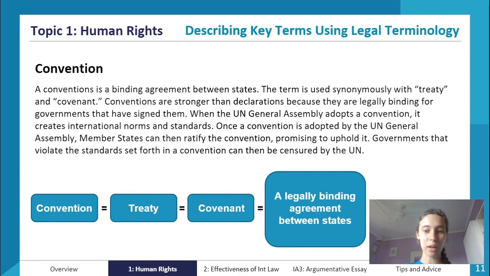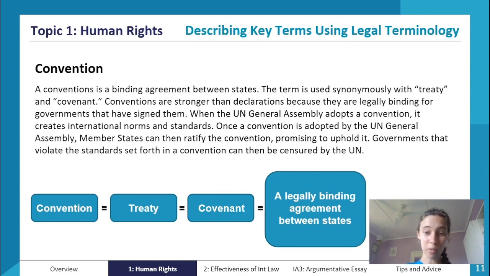So if we look in more depth at that now, again the same definition, but a little bit more information as well. Conventions are stronger than declarations because they are legally binding for governments that have signed them. Think about that word declaration.